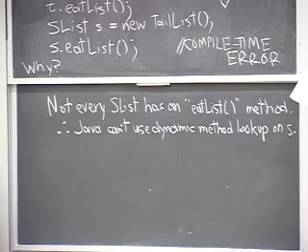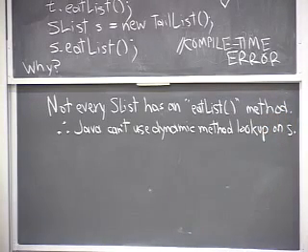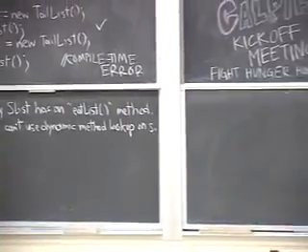Now, if I had defined eatList in SList instead, then this last line would compile fine. But I didn't. I defined it in TailList, and so not every SList has an eatList method. Questions about that? Yeah.